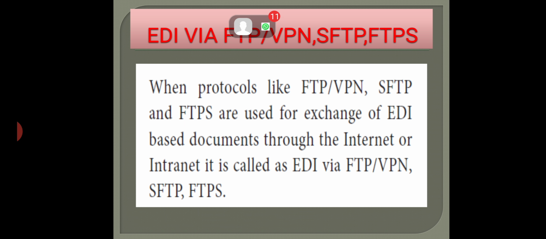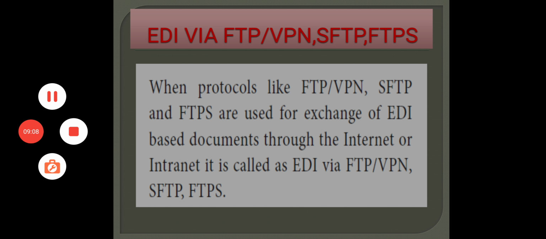Next, EDI via FTP, VPN, SFTP and FTPS. When protocols like FTP, VPN, SFTP and FTPS are used for exchange of EDI based documents through the internet or intranet, it is called EDI via FTP, VPN, SFTP or FTPS.